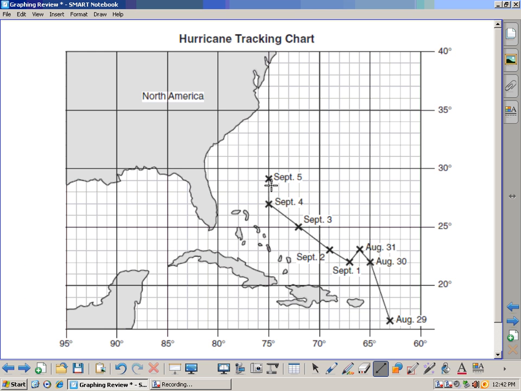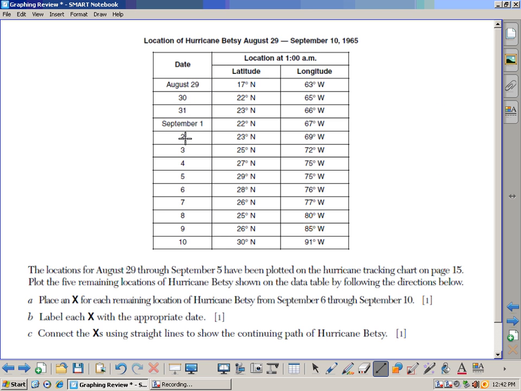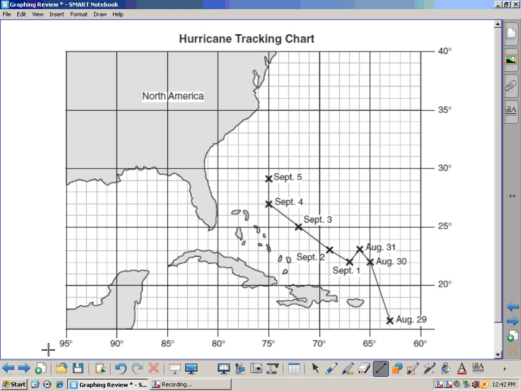So we've got September 5th here. That leaves September 6th is next, and it's going to be 28 north and 76 west. So once again, we're going to be writing with X's, so I'm going to put my X here at the top.